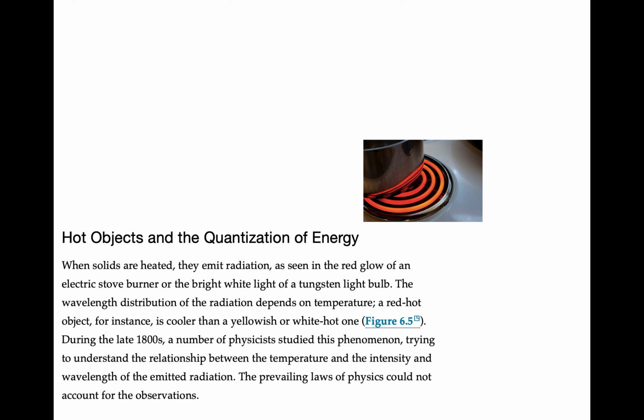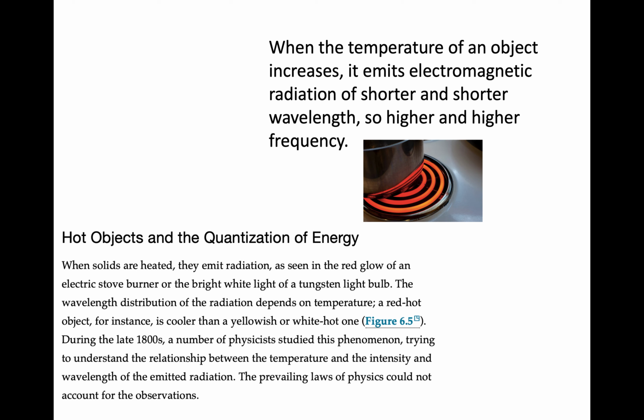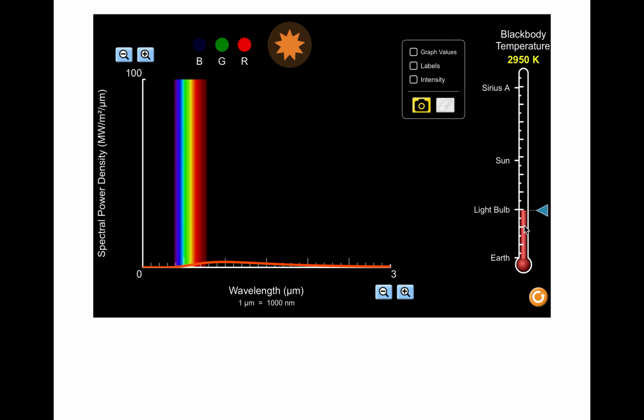It first starts to feel warm, then really warm, then it starts to glow a little bit orange. The light it is emitting, the electromagnetic radiation, changes. When the temperature of an object changes, it emits electromagnetic radiation of shorter and shorter wavelength, so higher and higher frequency. Let me show you an example of that.